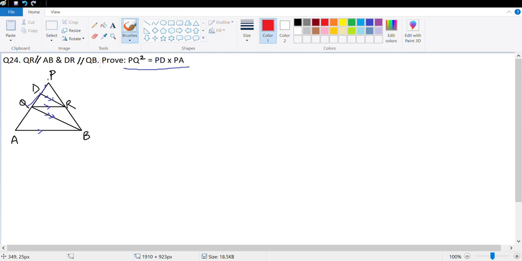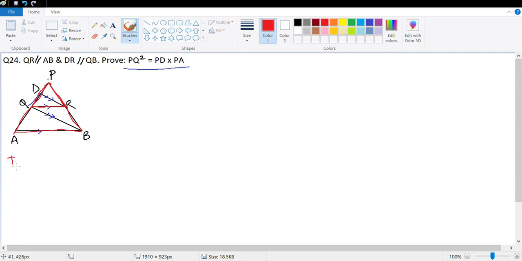And this is where I strike gold. I notice PQR, which is the small triangle, and if I continue with PQ, I look at this big triangle PAB. So will it help? I don't know. Let's try.